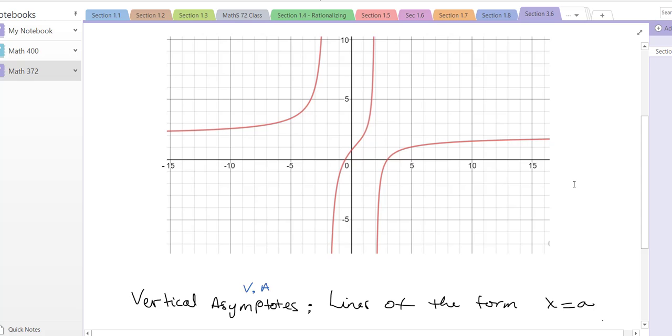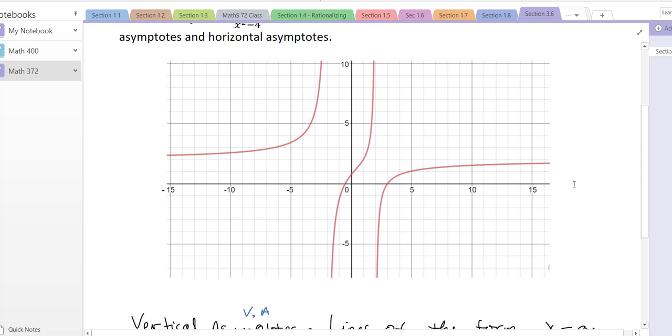So when y goes to positive or negative infinity, we're seeing here that the y values are going to negative infinity. And same thing here, the y values are going to negative infinity. So we need to figure out what line this is, because this is essentially our vertical asymptote.